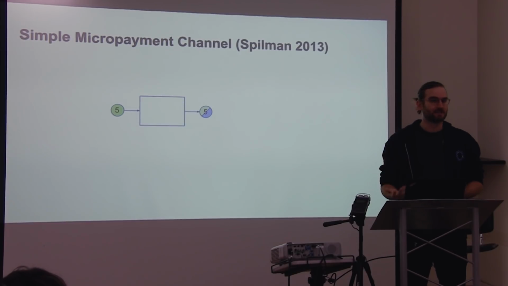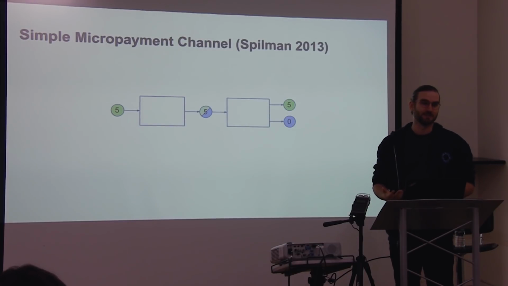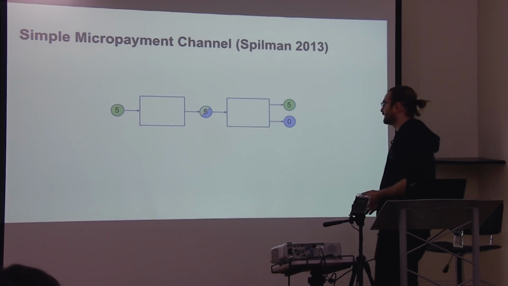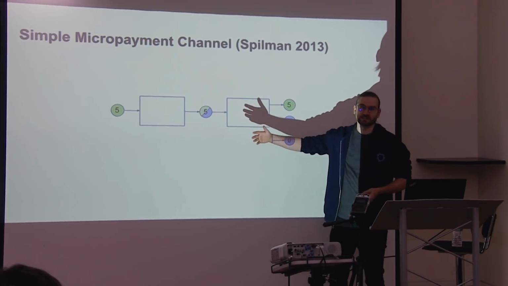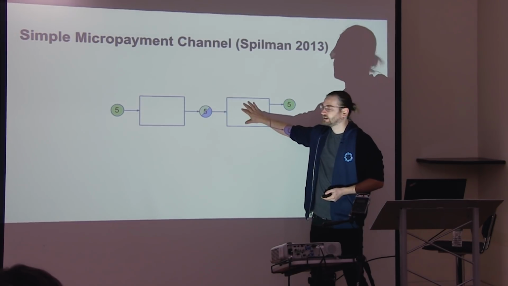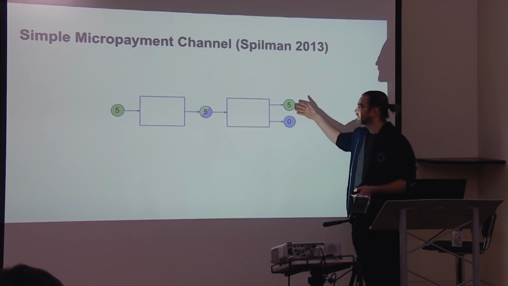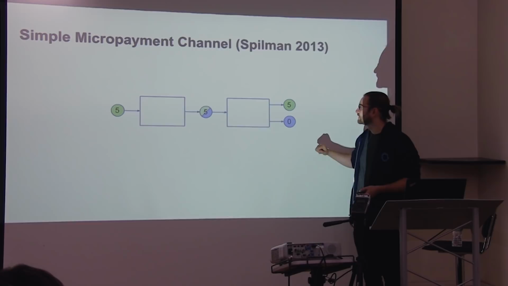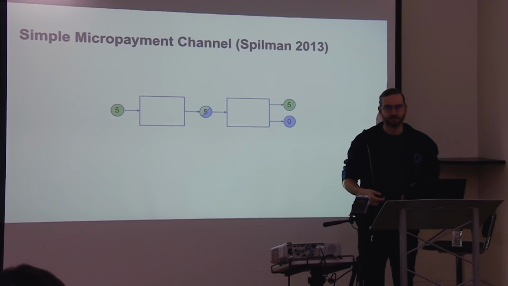Now we need some form of state representation, and that's, as I said, going to be a transaction. So we have a setup transaction which creates this channel, and we have a settlement transaction that represents the cumulative state of all of our intermediate transfers. In this case, I just get my 5 Bitcoins back, and the other party gets nothing.